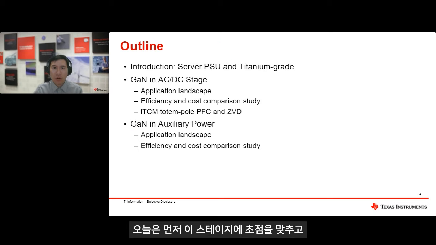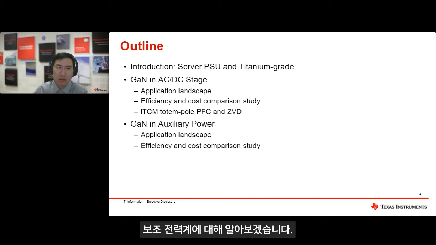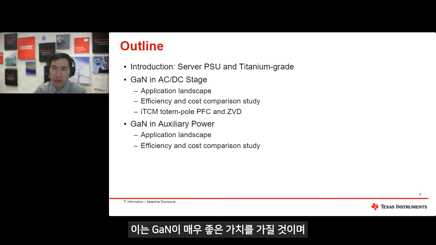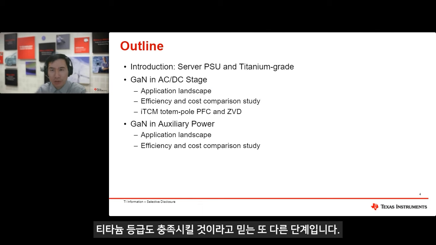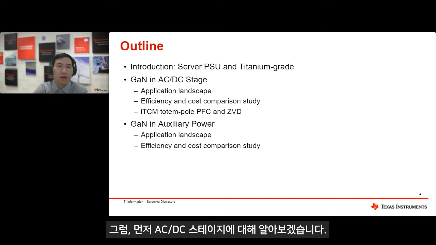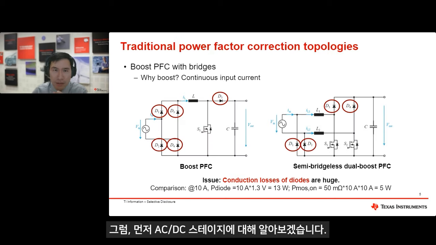So that's why today I will focus on this stage first, and then I will also cover the auxiliary power stage. That's another stage we believe GaN will have very good value and will improve your efficiency and meet the titanium grade as well. Okay, let's talk about AC/DC stage first.